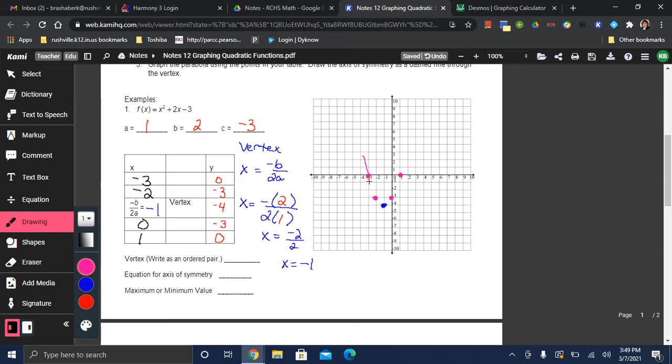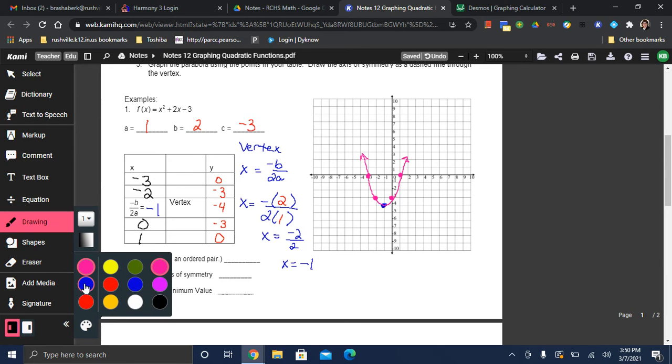I'm going to do the best that I can, which is what I want you to do. Make a smooth curve and then connect your points. Put arrows on each end of the parabola, and that is what your graph will look like. It should have 5 points that you are connecting, and it should make a smooth curve at the vertex.